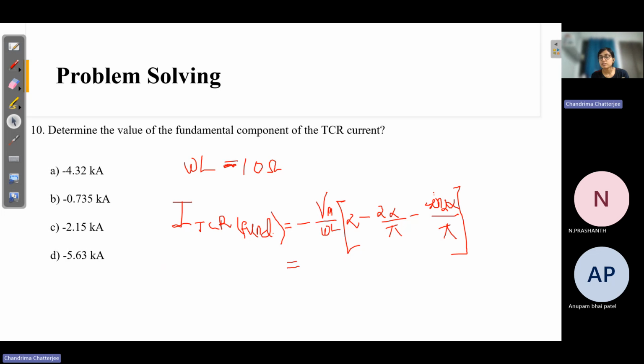Please calculate this and tell me what the current value will be here. Here alpha, the firing angle, is 135 degree.